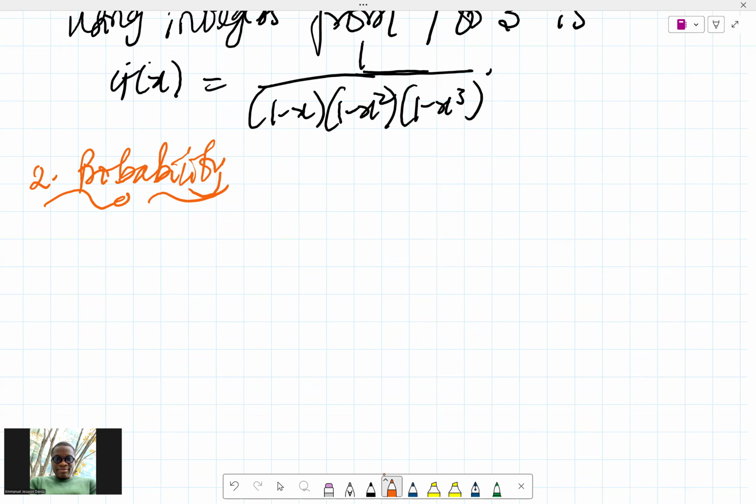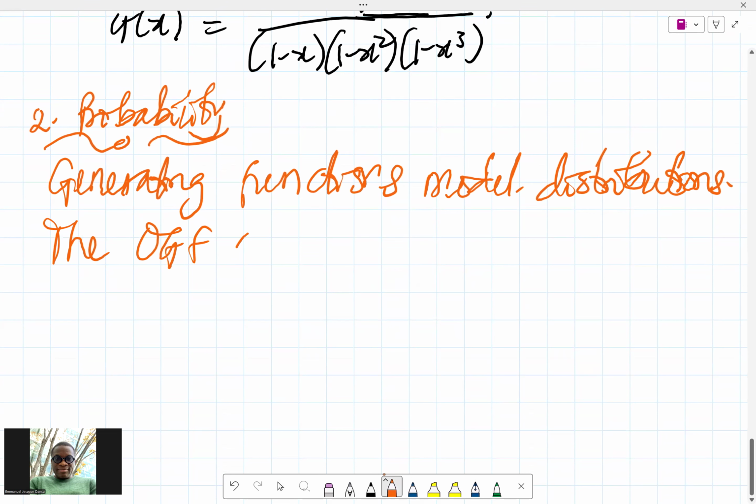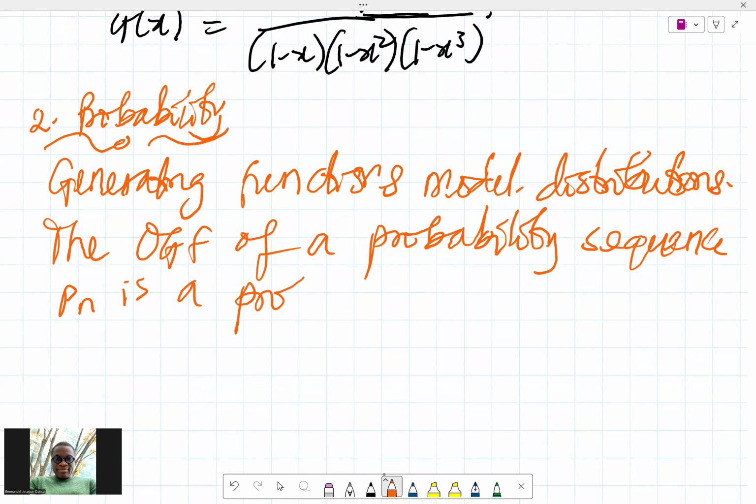Here, generating functions model distributions, and the ordinary generating function of a probability sequence, which you can call small p_n, is a probability generating function, that's a PGF, and it is used to analyze random variables.